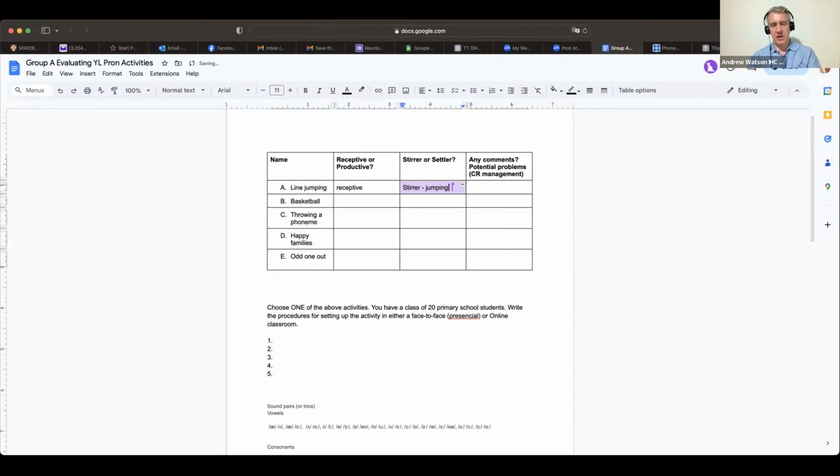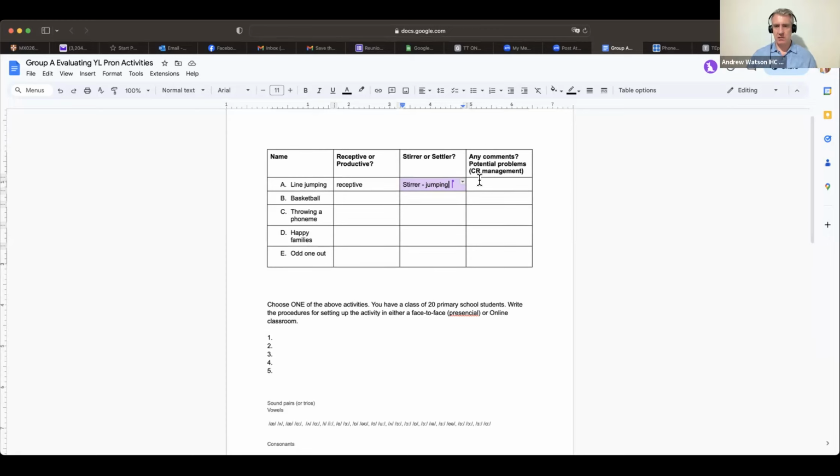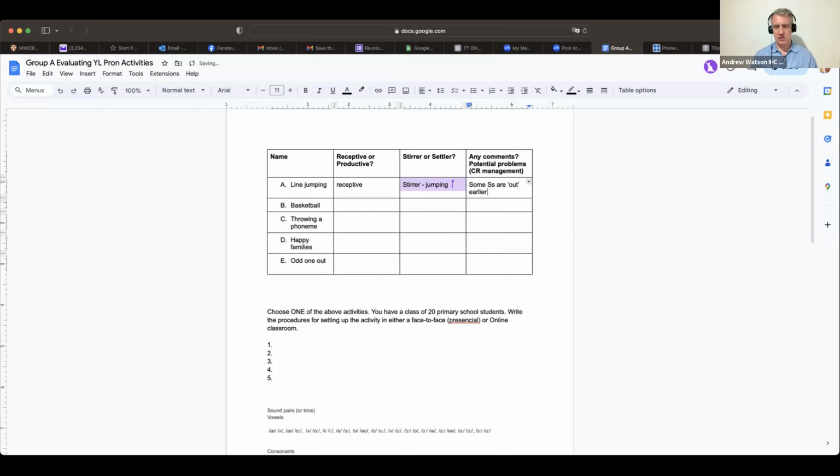Can you imagine that there would be any problems with this? The students don't know the difference between the two letters. Okay, so some students end up out of the game early, right? Because they don't get it. So what do you do with those students?